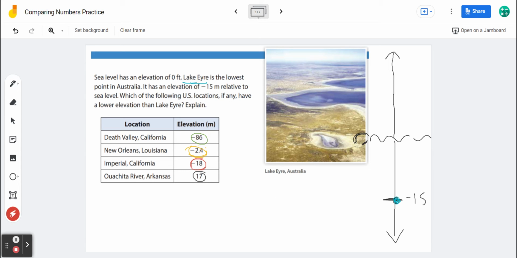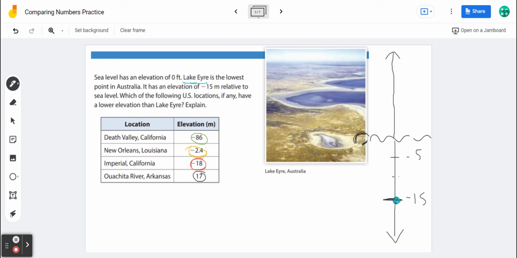So starting at the top, Death Valley, California is at negative 86 meters. So that means it's 86 meters below the sea level. This is the sea. As I go further down, if you picture this, let's say I swim down, I'm going to hit negative 5 feet.